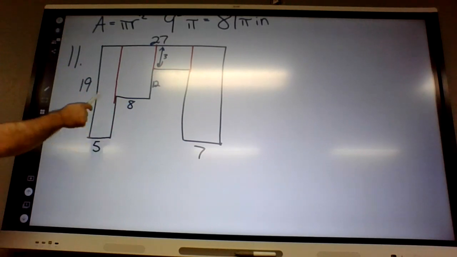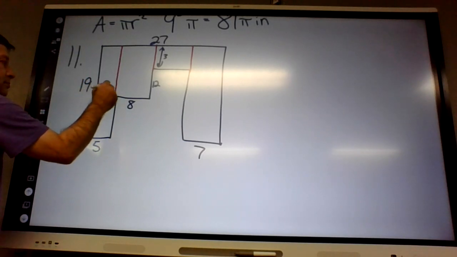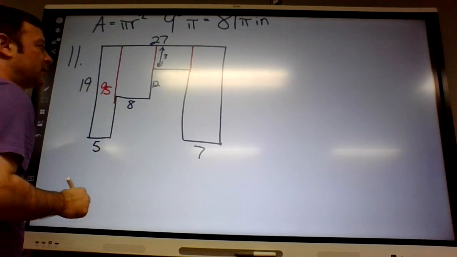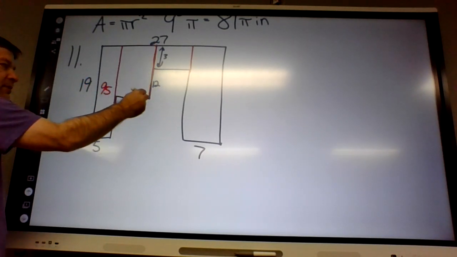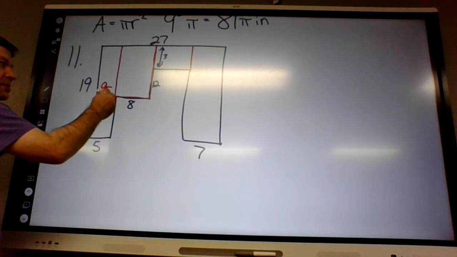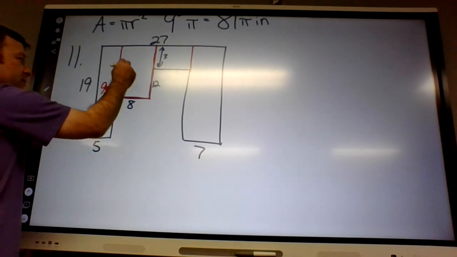Okay, 19 times 5 will get this long skinny one. 15 from there to there times 8. That'd be, I believe it's 120.